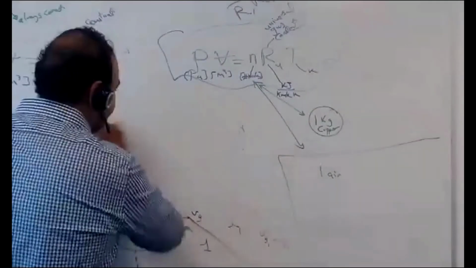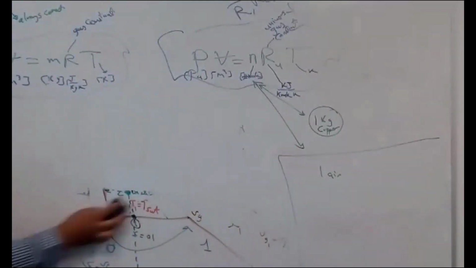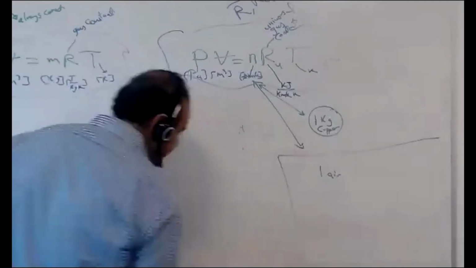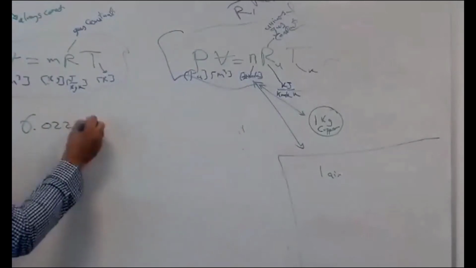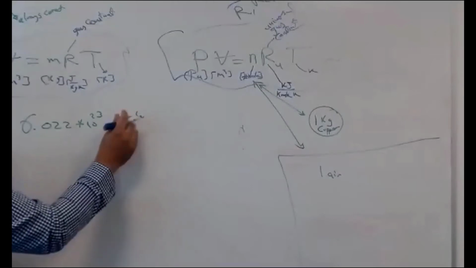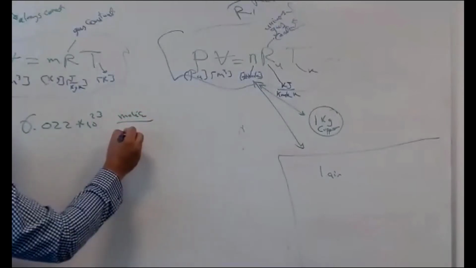In other words, there is a scientist, his name is Avogadro. He said, I'm gonna count and give you a number, which is 6.022 times 10 to the 23 molecules per 1 mole.